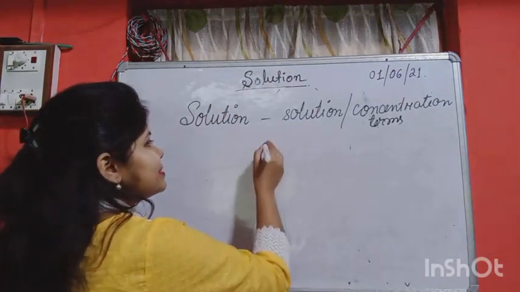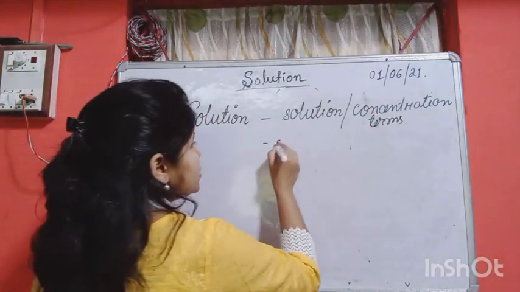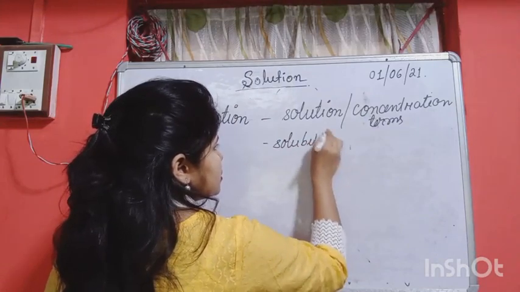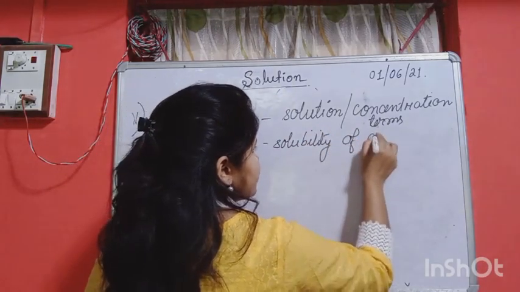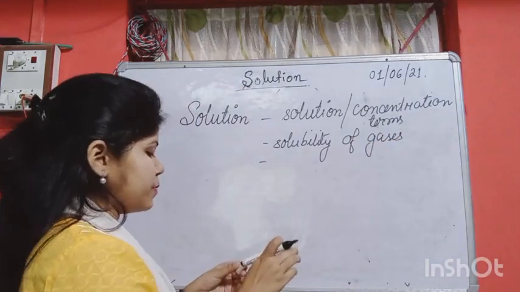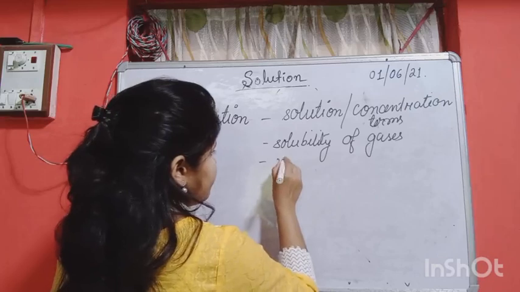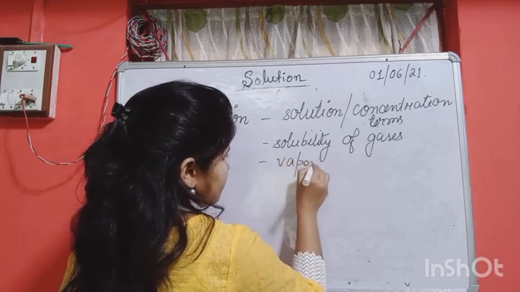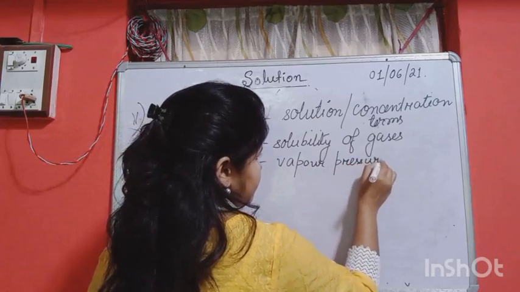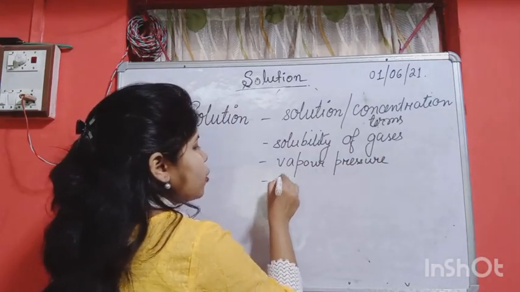The second one is solubility of gases. The third topic under this chapter is vapor pressure. The fourth one is the colligative properties.